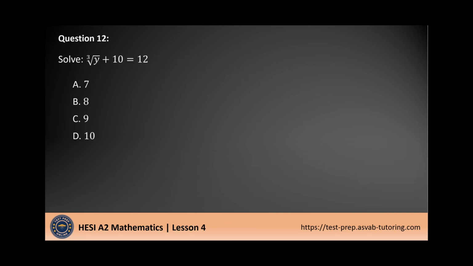Question 12. Solve the cubed root of y plus 10 equals 12. We're going to start by subtracting 10 from each side to get that cubed root of y by itself. So 12 minus 10 is 2.